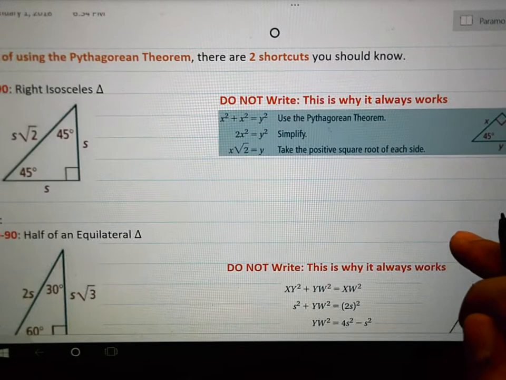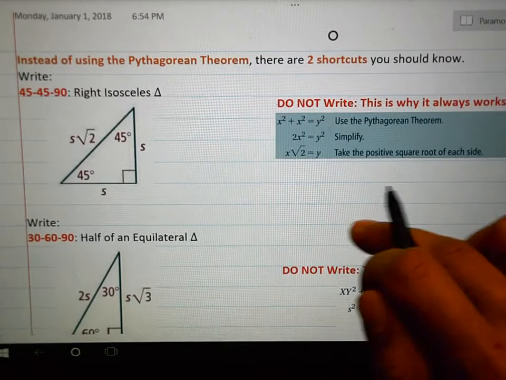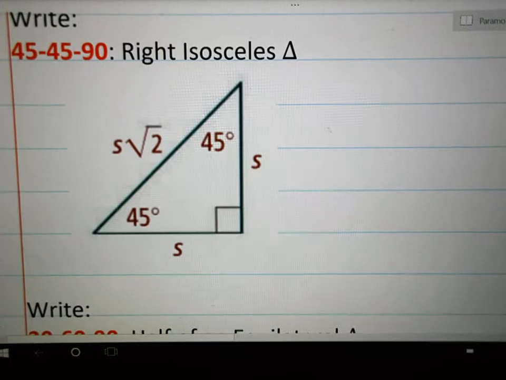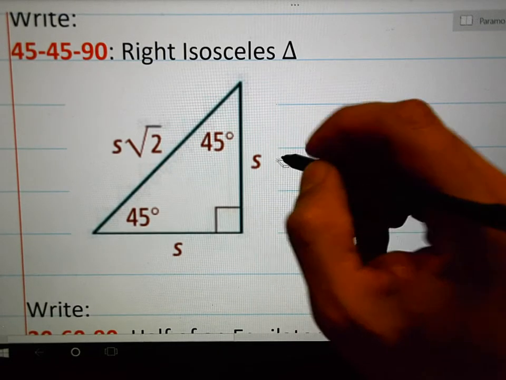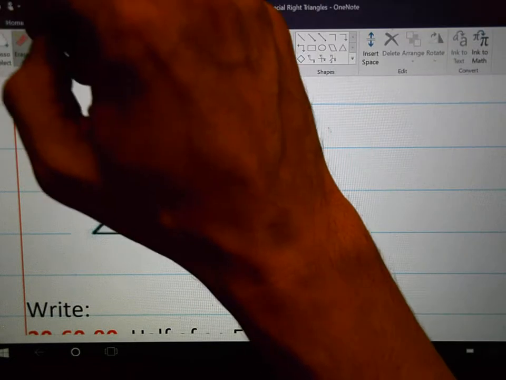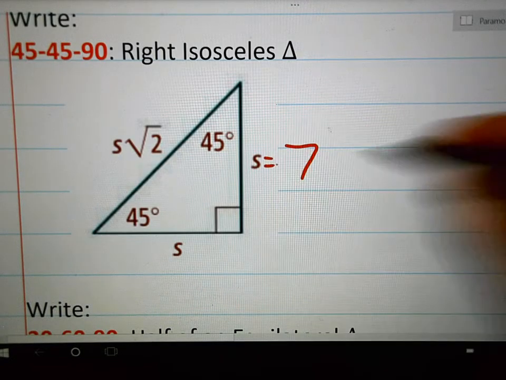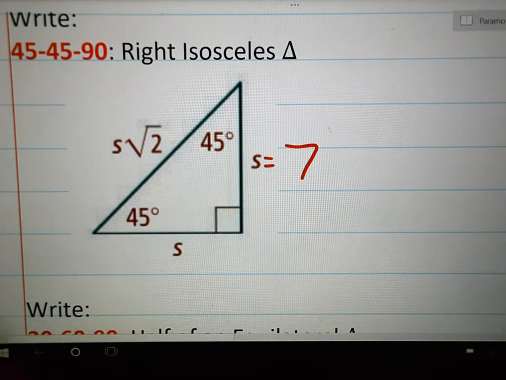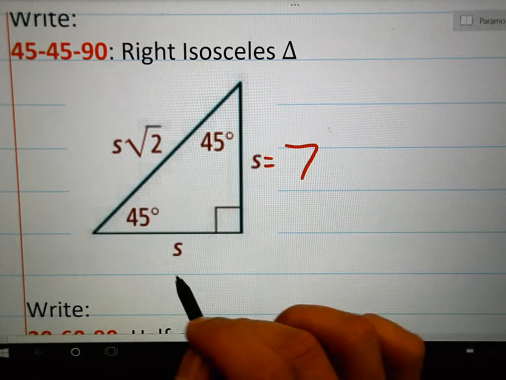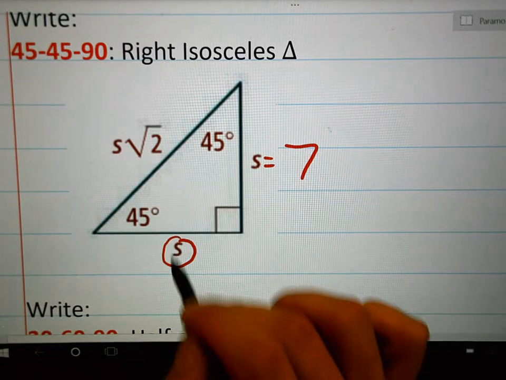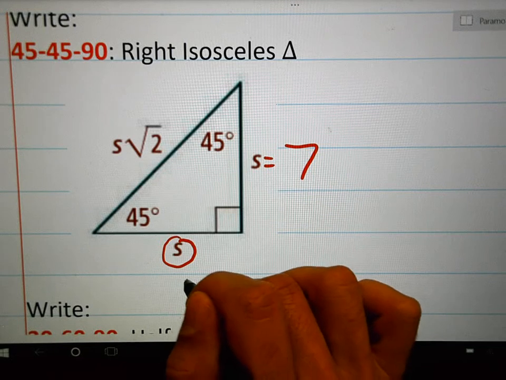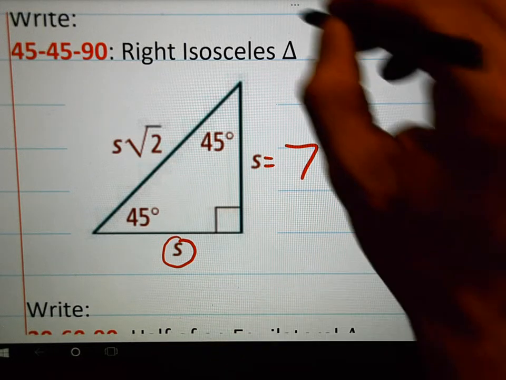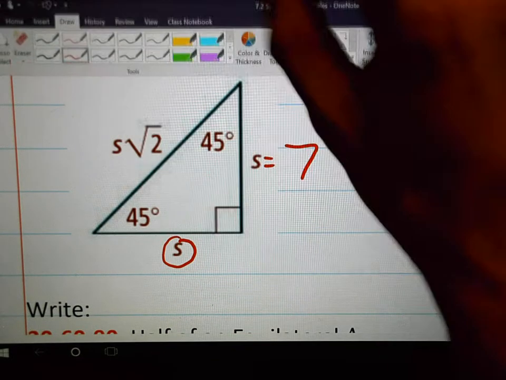Let me show you how it works. If you know what one side is equal to, let's say that this side is 7. Then if you know this shortcut, this other side down here is also 7.